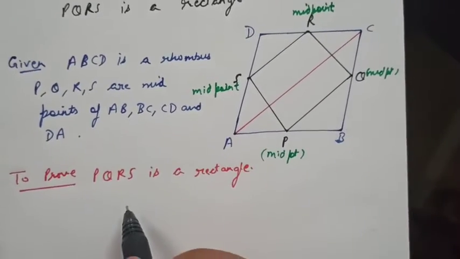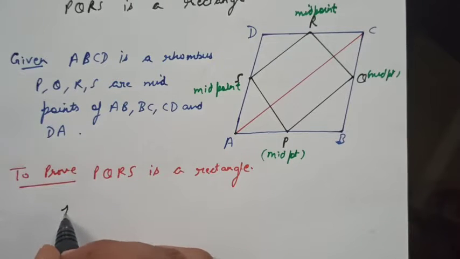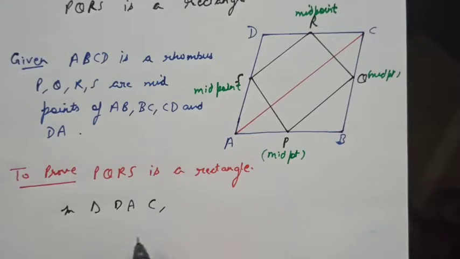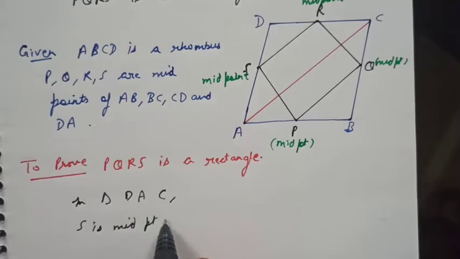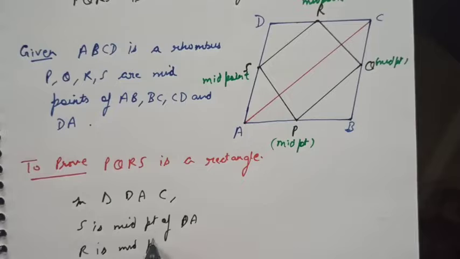Right, so we are going to write, in triangle DAC, S is the midpoint of DA and R is midpoint of DC.